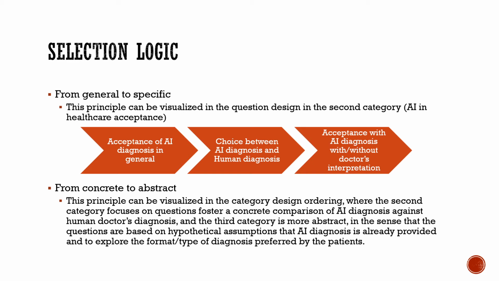We believe that putting the more concrete questions first would allow the survey takers to think more about the concept of AI in healthcare so that they will be more ready to take the questions that are more abstract in nature in the latter part of the survey. Let's move on to the next slide.